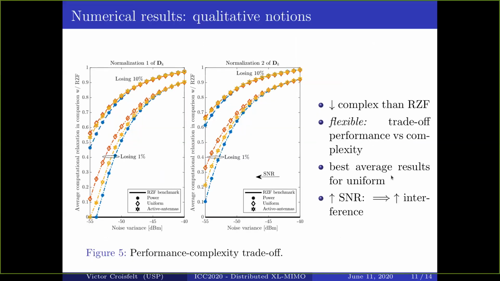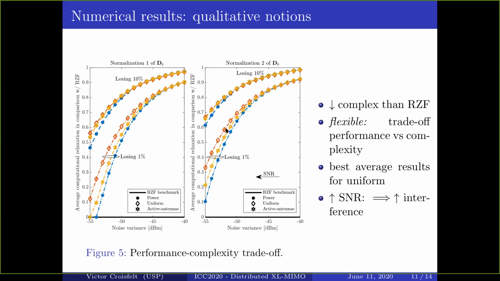Now I will present our main findings, where this graph here shows the average computational relaxation degree of our algorithm relative to the canonical way of computing RZF as a function of the noise variance. So the SNR is increasing towards the left side of the graph.